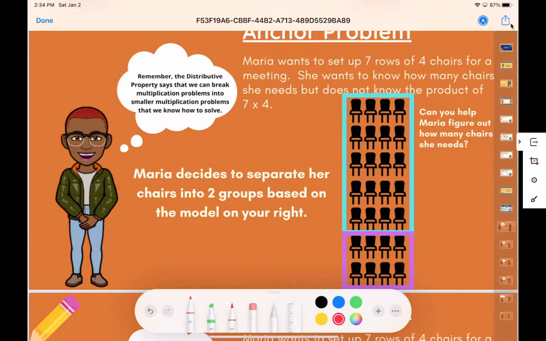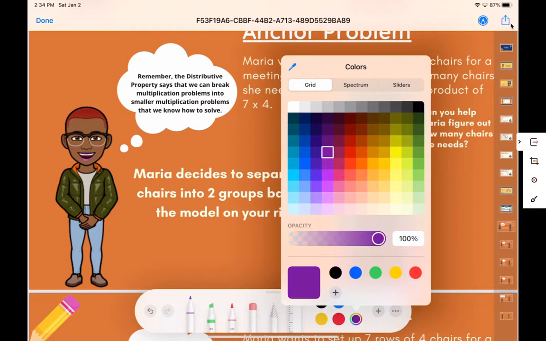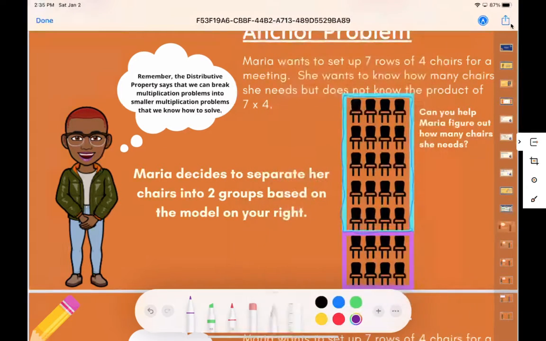While Maria thought this was way too many chairs to look at once, she decided that she was going to look at this set of chairs, and then she was going to look at this set of chairs. So we have 2 different sets of chairs now. And the question is, can you help Maria figure out how many chairs she needs now that she's broken her chairs into these 2 different groups?